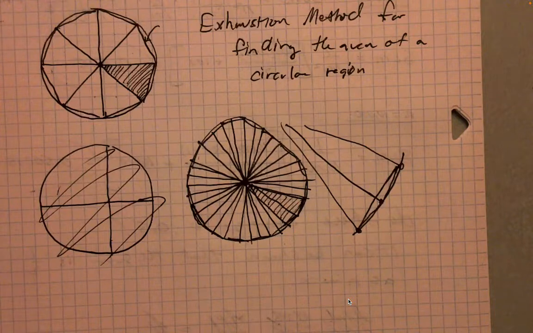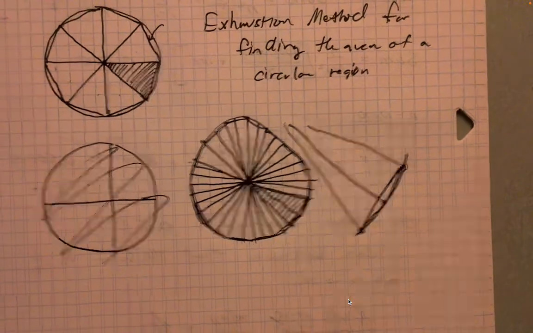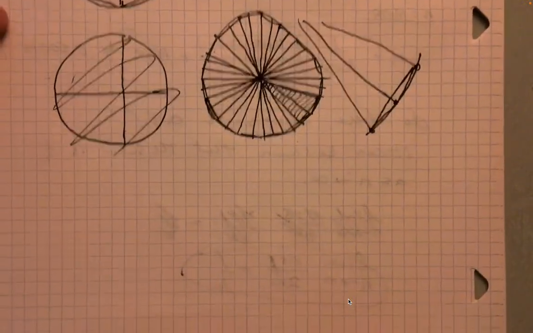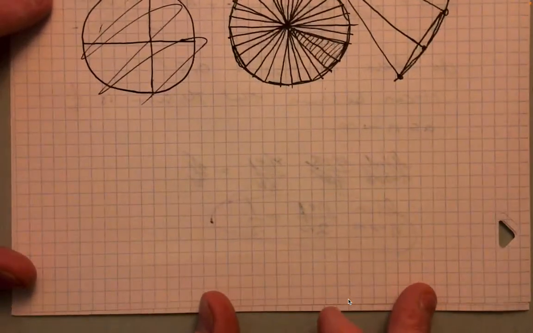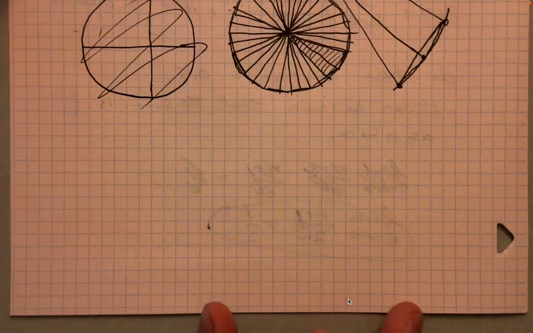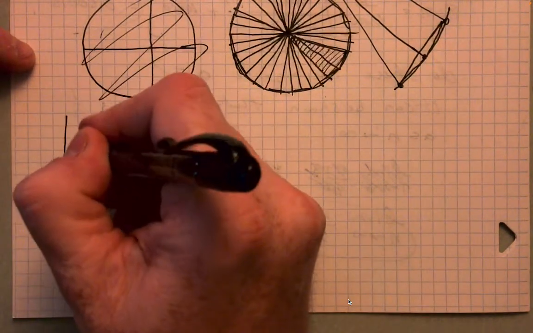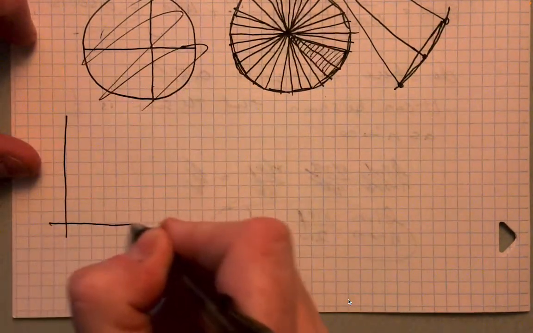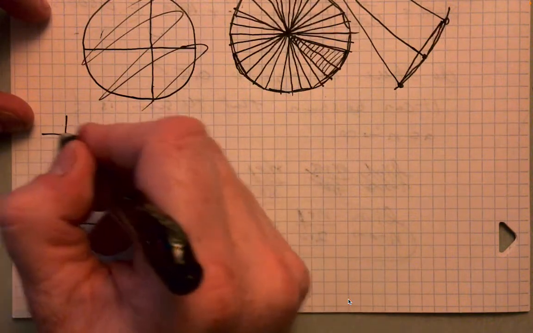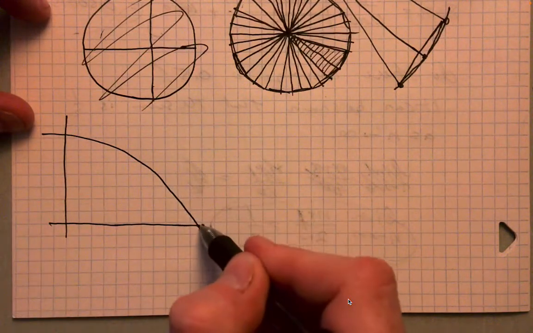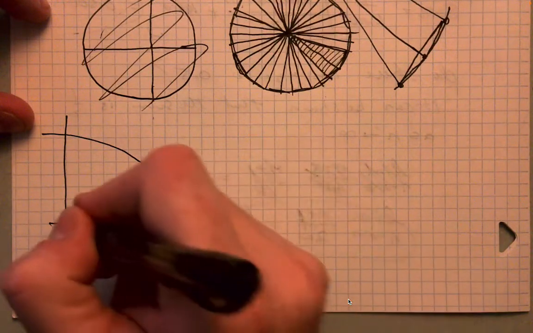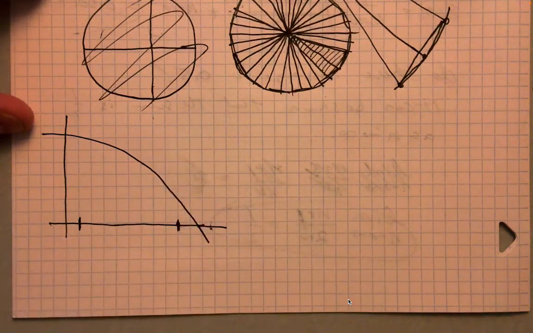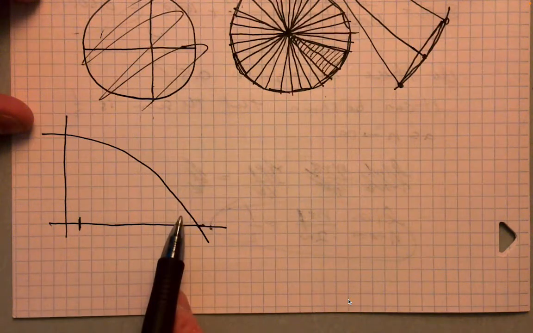Okay, and so this same kind of argument can be made for just about any region under a curve in the plane. So let's imagine that here's your xy coordinate, and we've got some function decreasing like this, and we're interested in the area between these 2 points.